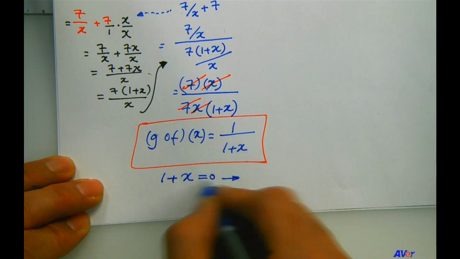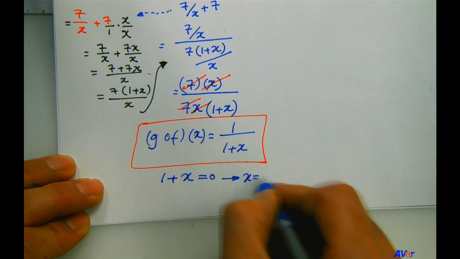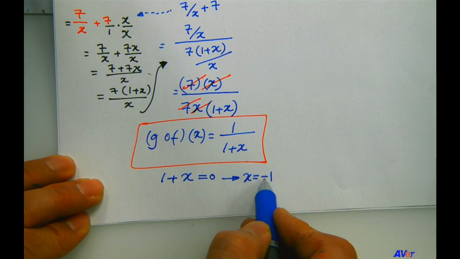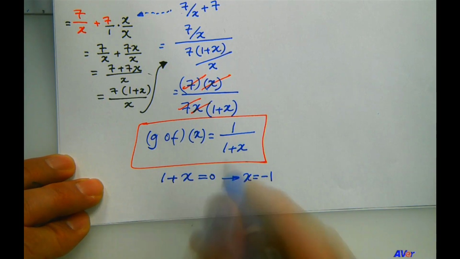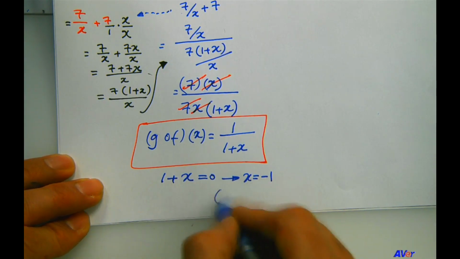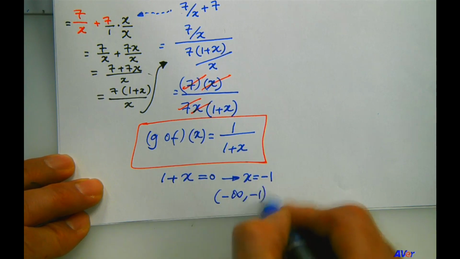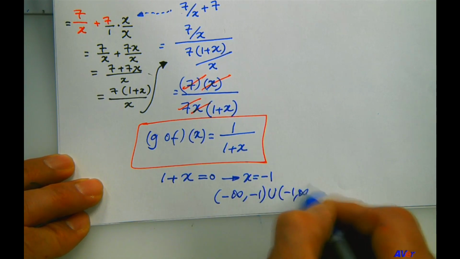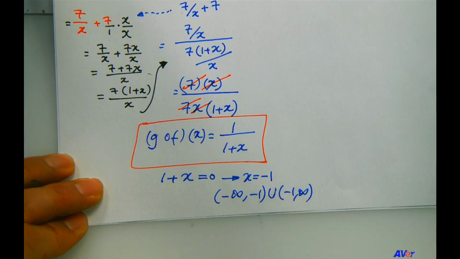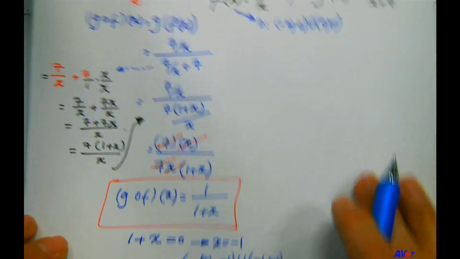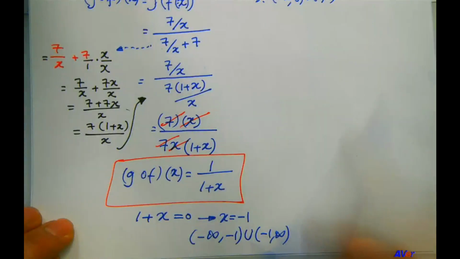So when that happens is when x equals -1. So we need to take the -1 out of the domain. So for this, we have -infinity to -1 union -1 to infinity. Is that the final domain? No. This is a composite function. We need to intersect this with that.